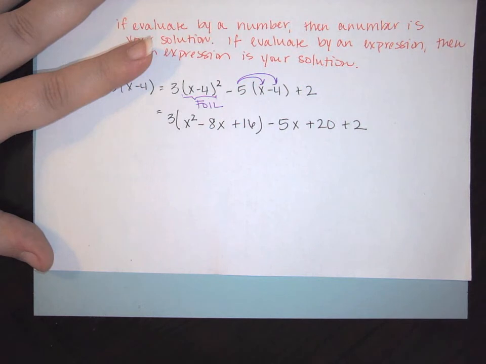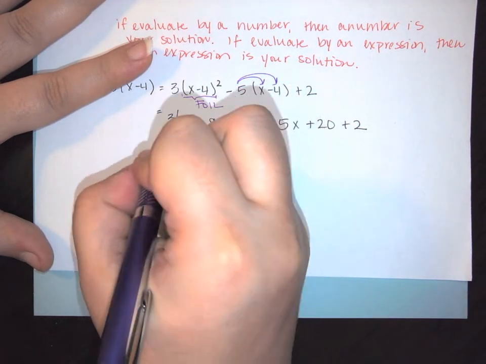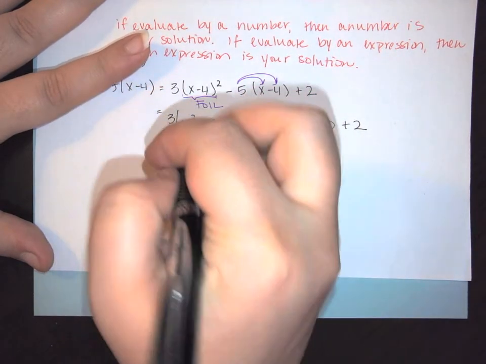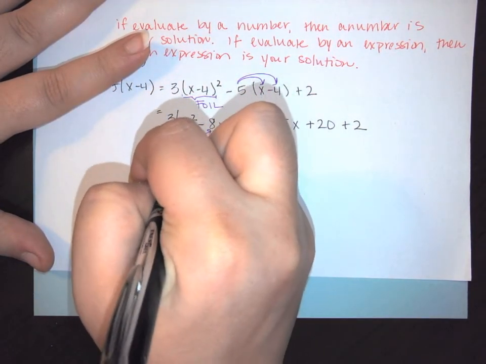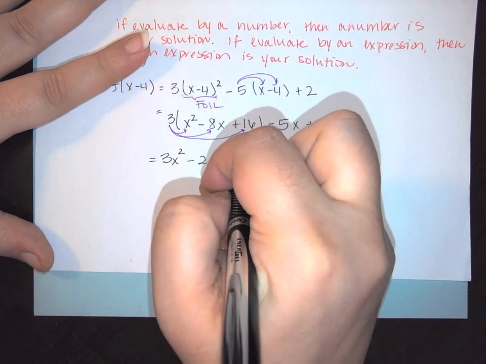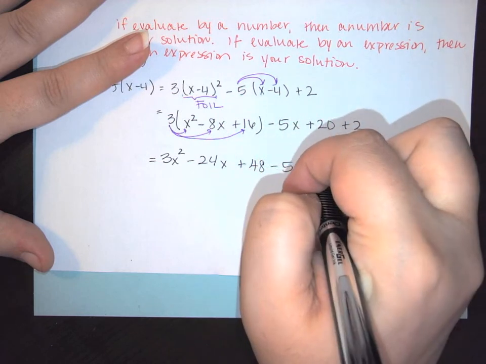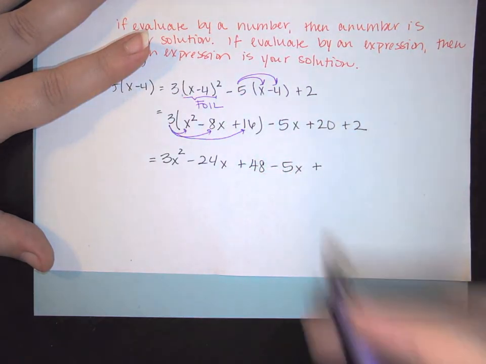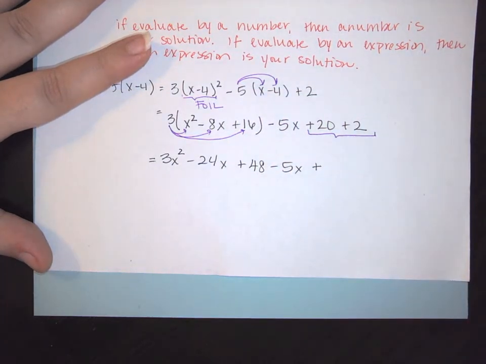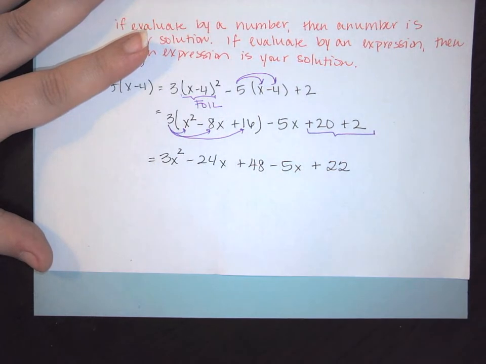Now the last thing we need to do is take this 3 and distribute it through your parentheses here. So this is going to become 3x squared minus 24x plus 48 minus the 5x plus, and we can combine these two. So 20 plus 2 is going to be 22.